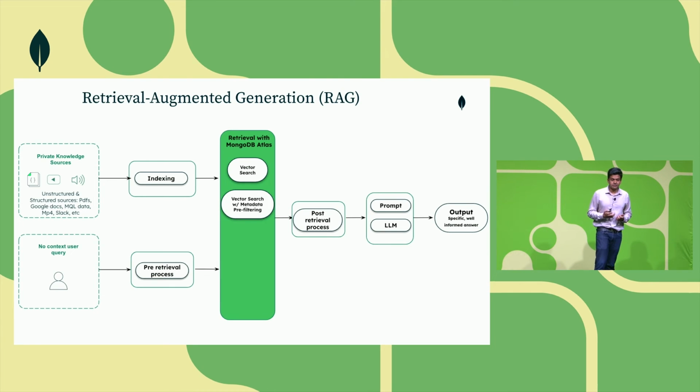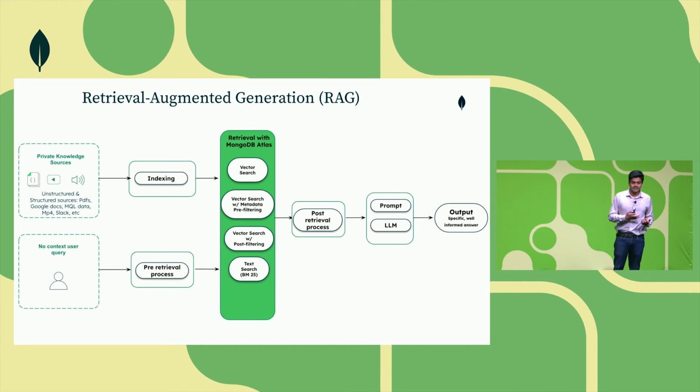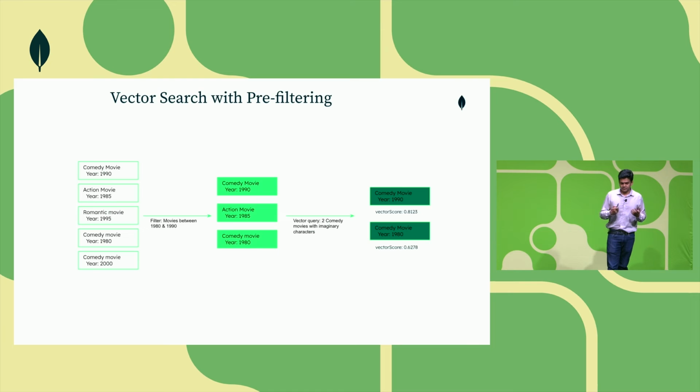vector search with metadata filtering, go to post-filtering, being able to combine that with text search. This is a traditional keyword-based search, BM25, with the ability to combine vector search and your text search in hybrid search. I will skim through this, but we have a bunch of sessions around it.